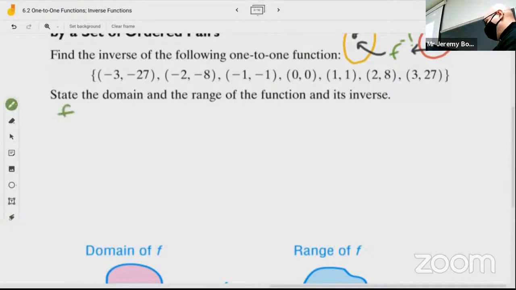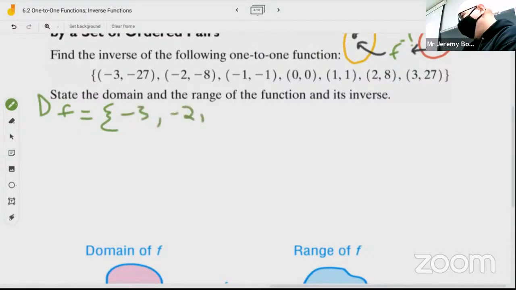Let's call it f. So what is the domain of f? It's going to be all those inputs, so -3, -2, -1, 0, 1, 2, and 3.